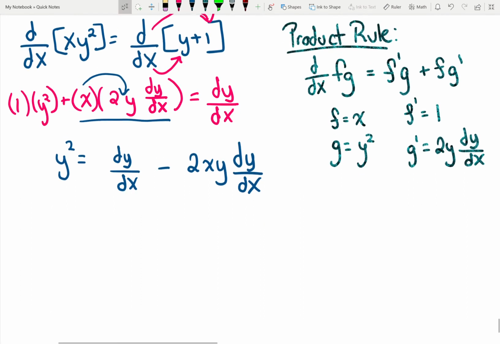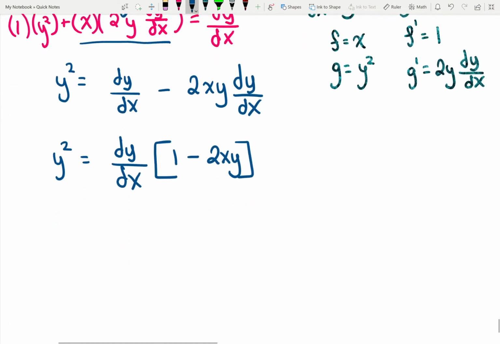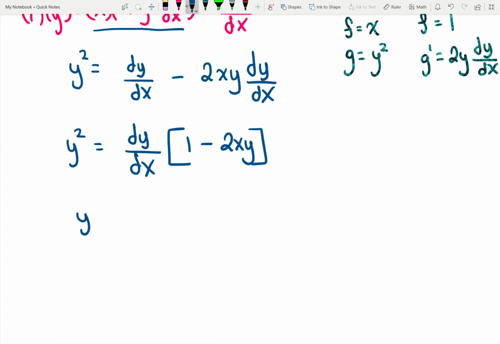Now I'll have y squared equals, factor out this dy dx, and what I'm left with is 1 minus 2xy. Now I can easily solve for dy dx. So dy dx is equal to y squared divided by 1 minus 2xy.